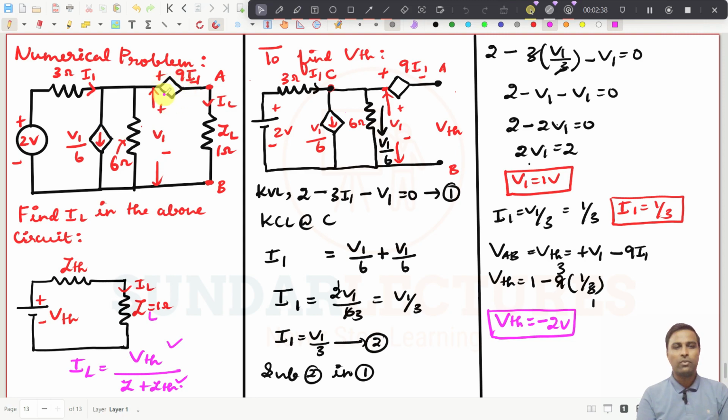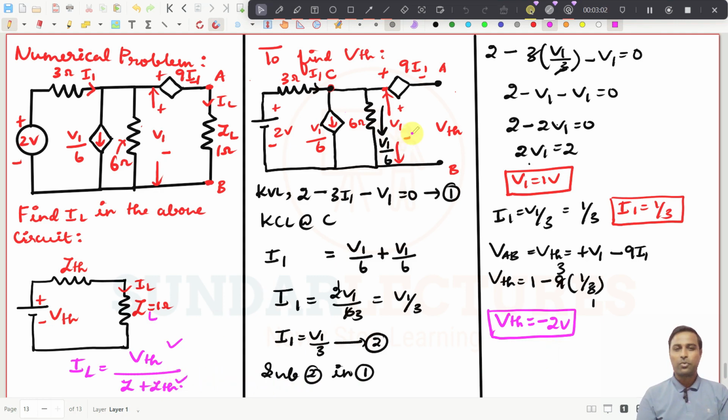So how will you deactivate this? Here you have 9I1, and these dependent sources cannot be deactivated like the independent sources. So what you need to do is find the short circuit current IN and divide VTH by IN, and obviously you will get ZTH.